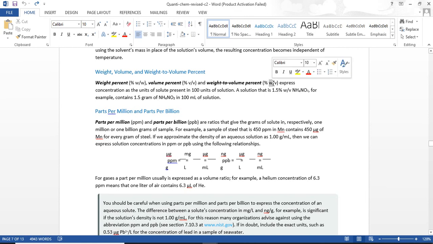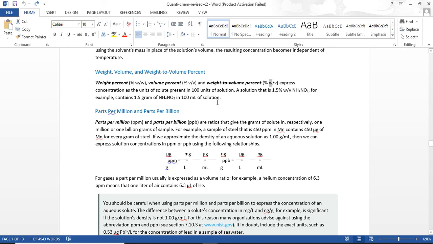It expresses the concentration as the units of solute present in 100 grams of solution. A solution that is 1.5% weight per weight of NH4NO3, for example, contains 1.5 grams of NH4NO3 in every 100 grams of solution.